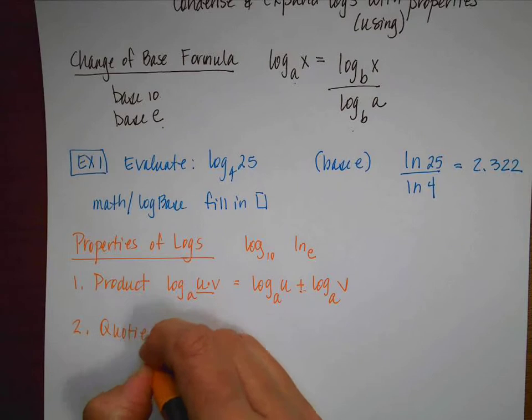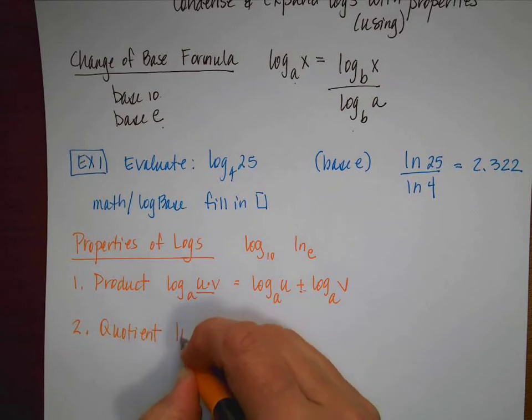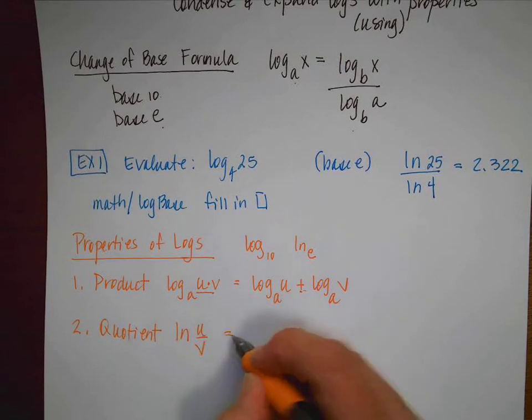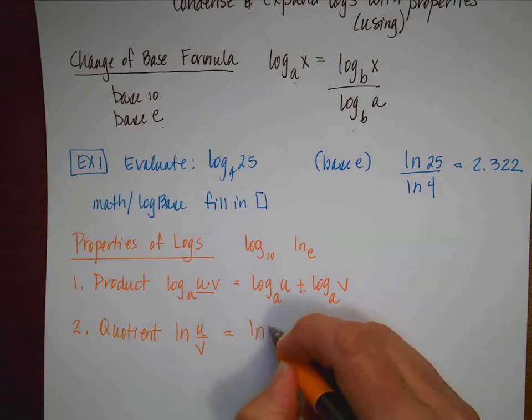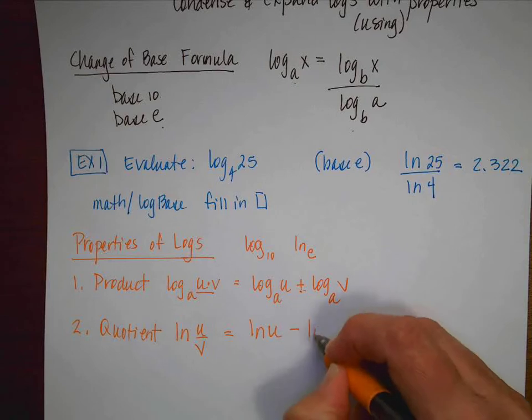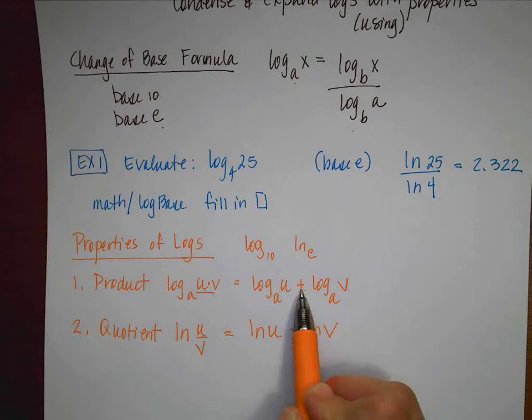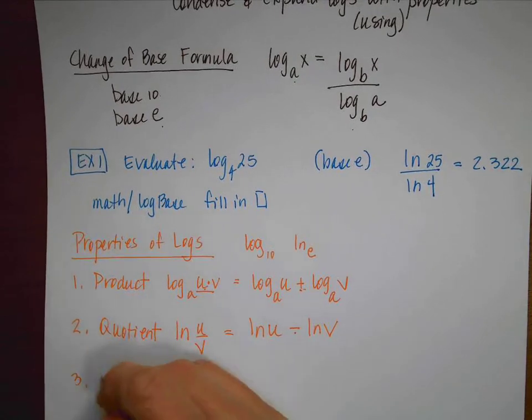The quotient property says that, and I'm going to switch bases because the properties are exactly the same for either base, the natural log of u divided by v is the same thing as the natural log of u minus the natural log of v. If multiplication is addition, then division is subtraction.